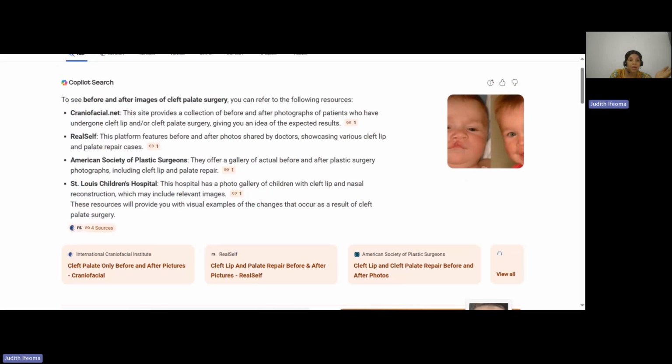Let us check it out here to see for ourselves. Look at it.